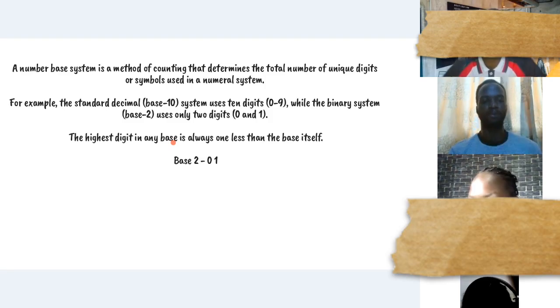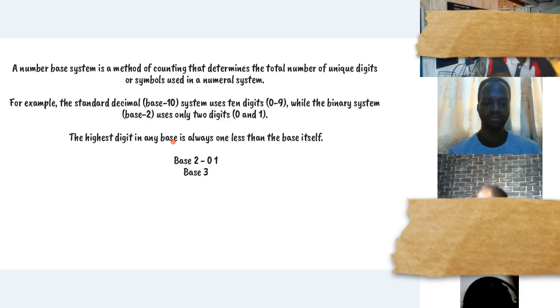So base 2 has 2 digits, which are 0 and 1. Now 1, which is the highest digit in base 2, is one short of 2. For example, let's take base 3. Base 3 will be 0, 1, and 2.